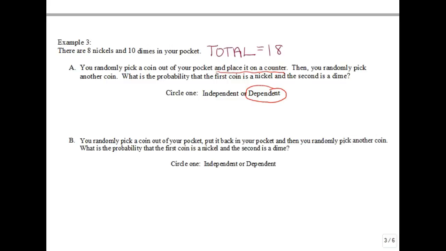Now, in order to find the probability that the first coin is a nickel and the second is a dime, I now know what kind of calculations I need to make. I am going to need the probability of finding a nickel, and I need to find the probability of picking a dime, given that a nickel has been removed. So let's try finding the probability of a nickel.